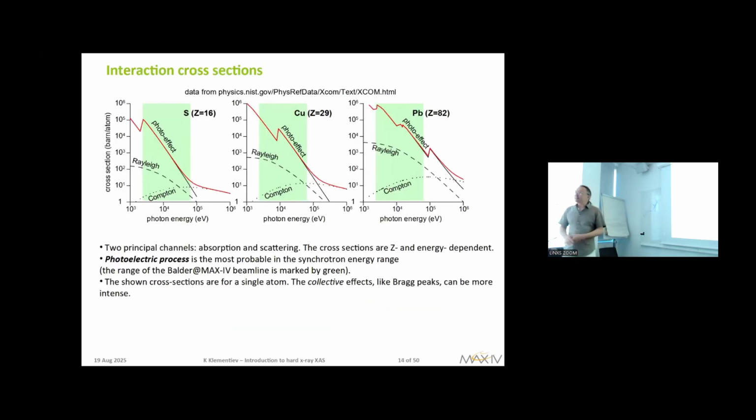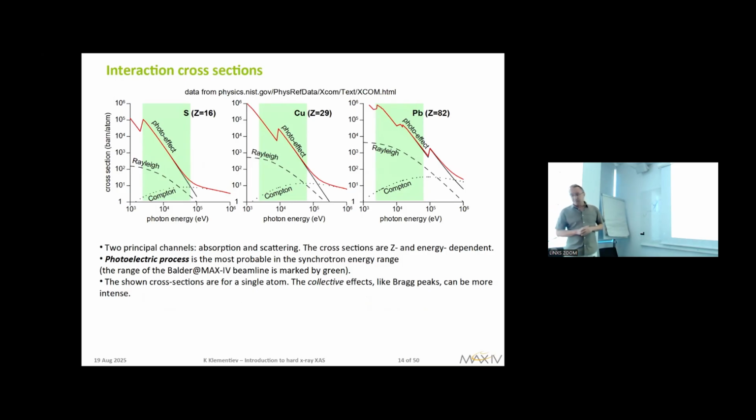Okay, now to the basics. What can we learn from it? I will start with showing these graphs. These are interaction cross sections for 3 different elements: sulfur, copper, lead, depending on energy.